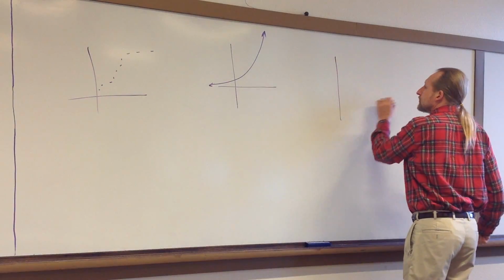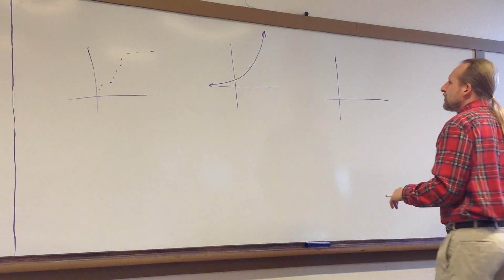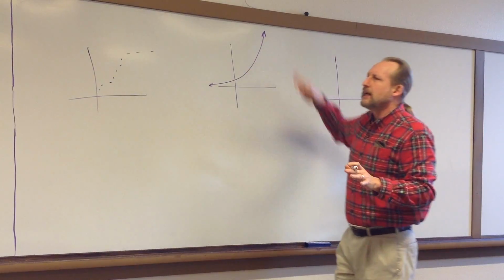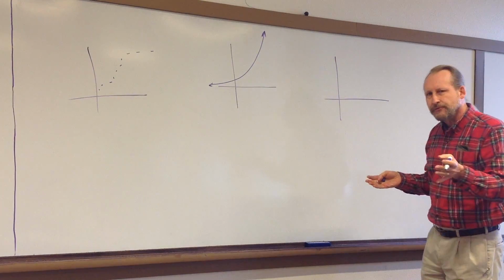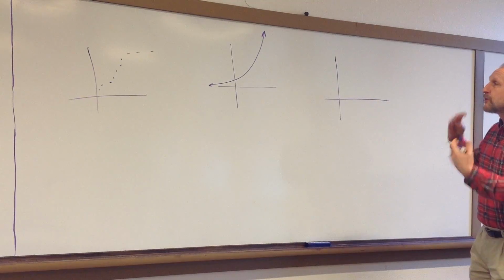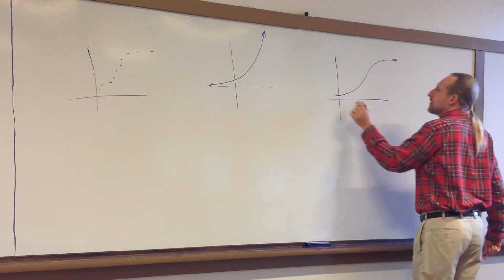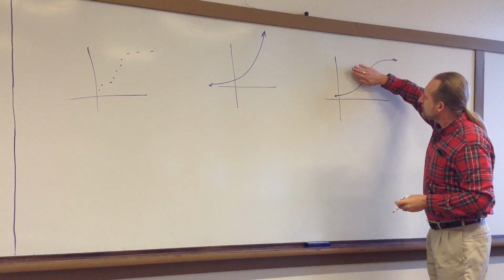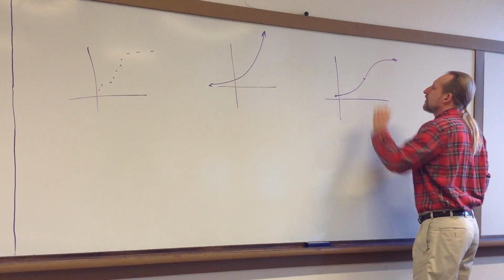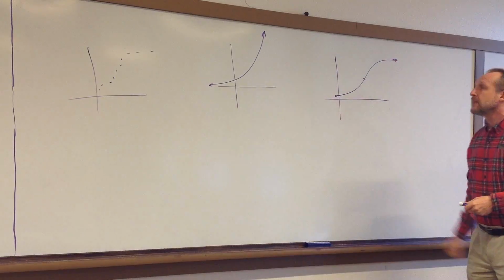A French mathematician in the 1830s started with the same idea as exponential growth, but then introduced a factor that caused that growth to be limited when the resources were limited, and that created what's called the logistic function. The beginning of it looks a lot like an exponential growth curve, but then at this inflection point, that's where the resource scarcity starts to kick in, and then the growth is diminished.